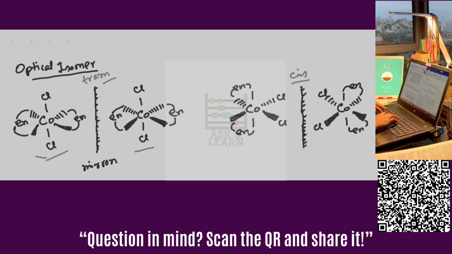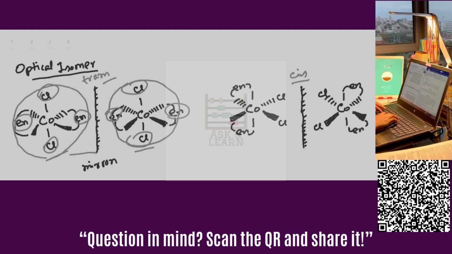So if we just take this structure and superimpose it on top of this, we will see that the same ligands are in the same places, and each ligand will superimpose on the same ligand. That means this form of isomer is superimposable, so it's not an optical isomer.